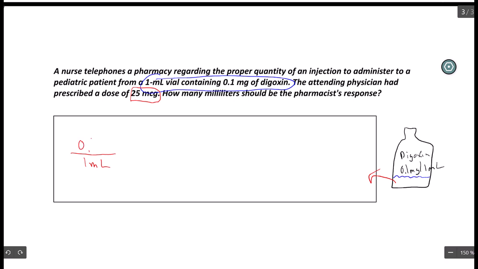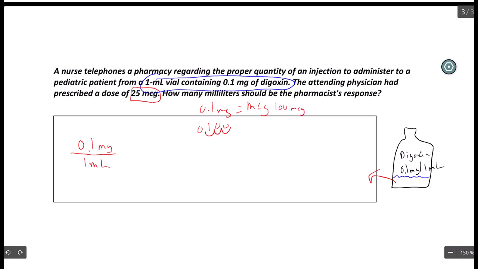Now, I'm going to do a very quick conversion. I'm going to say that this 0.1 milligrams is how many micrograms? All right, so there's my decimal point, 1, 2, 3. Move it to the right, I've got 100. So this is equal to 100 micrograms.